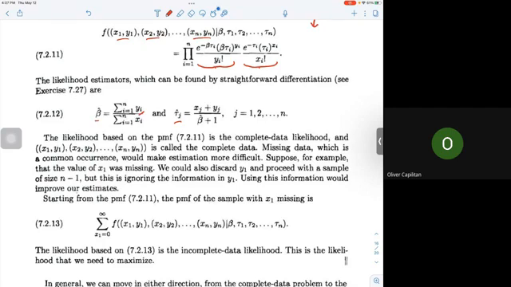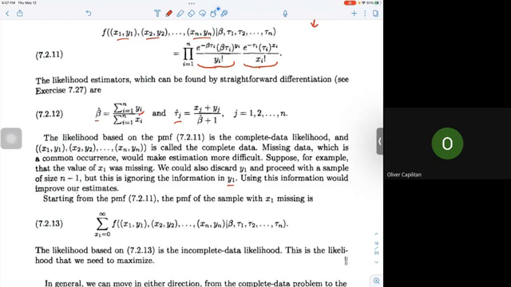Pero ang sabi dito, but this is ignoring the information in y sub 1. Kung ganun yung gagawin natin, we are ignoring the information that y sub 1 can give to our unknown parameters. So using this information, we will improve our estimates. Kung kasali ito, we'll improve still our estimate.